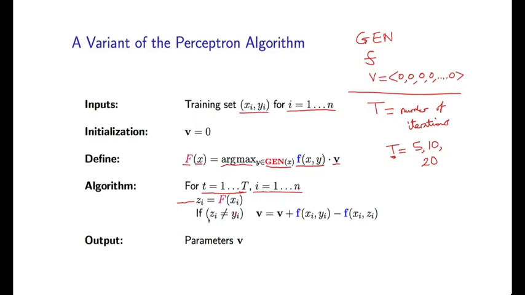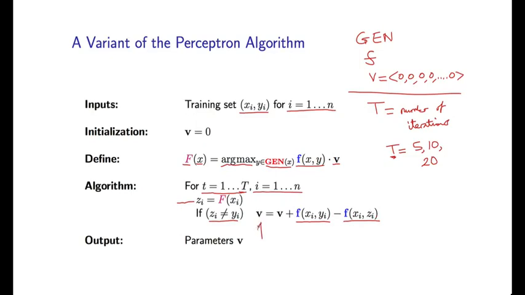If, however, we have zi not equal to yi, then the structure we've produced is somehow different from the target structure yi, and in that case I make an update to the parameters v. The updates look extremely simple. So the new value for v is the old value for v, and we add in the feature vector for xi, yi, and we subtract the feature vector for xi and zi.